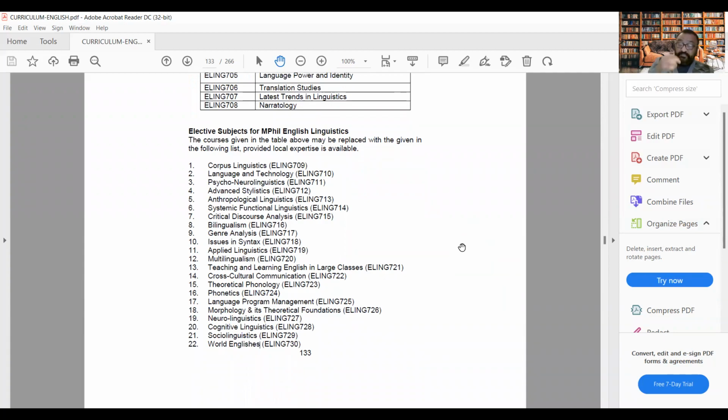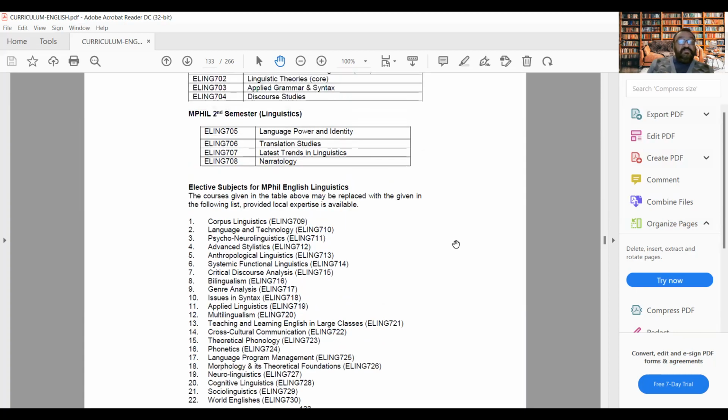Now, if you ask, if I had 3.43 GPA out of 4 in the first year of MPhil English Linguistics, why did I have only 3.03 GPA in the second semester of MPhil Linguistics? So the question does arise. Yes, I can answer this question, because the first year had general papers which we had already studied at master level.